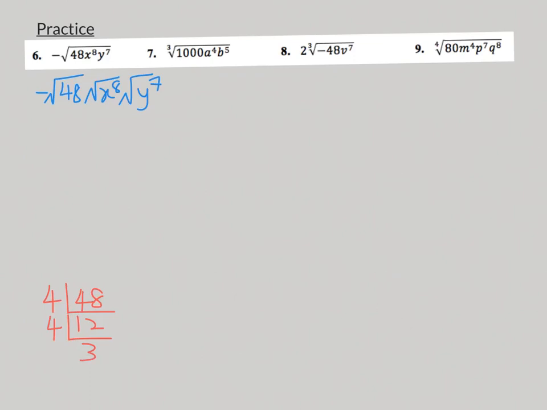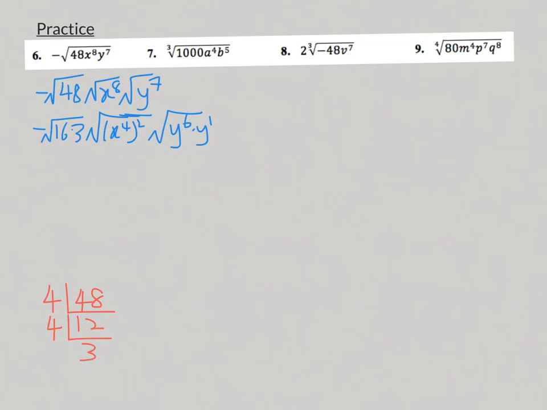So very nicely, I know that 48 can be broken into 16 times 3, and x to the 8th we can write as a square. That would be x to the 4th squared. For y to the 7th, I can break it up into y to the 6th times y. The reason why I want y to the 6th is because we can express y to the 6th as a square of another expression.